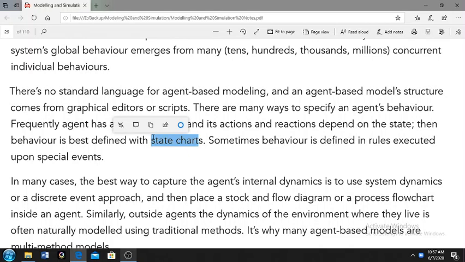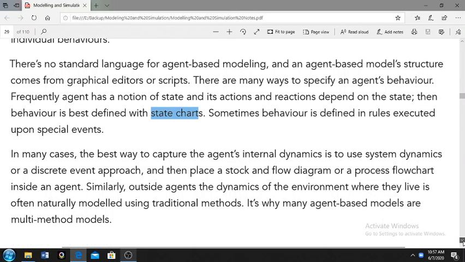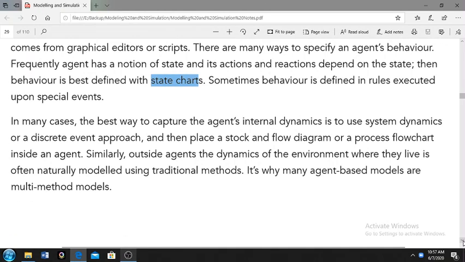Now with the advances we got in object-oriented programming, it is now possible to really depict the behavior of agents of a system and then program them.